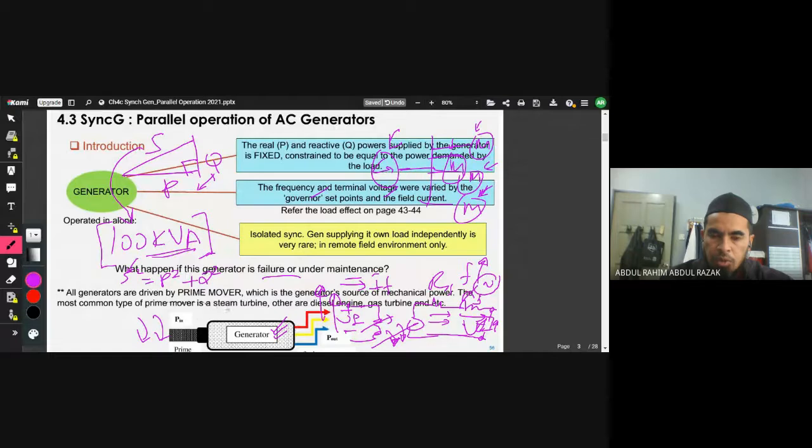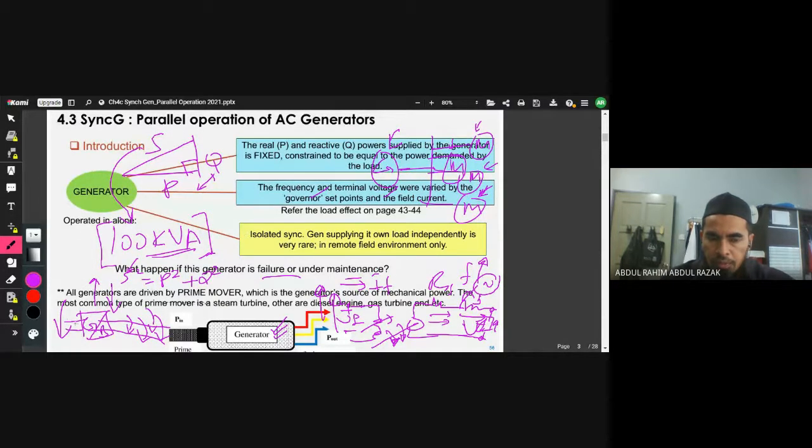The higher the number of poles, the lower the speed you need to put in to generate a certain output voltage. That is represented by the pole number. All the generators are driven by a prime mover, a source of mechanical power, either a steam turbine, water turbine, diesel engine, and so on. And before the shaft, if the incoming turn is too low, we shall have a gearbox, either to increase or decrease the speed of the shaft.